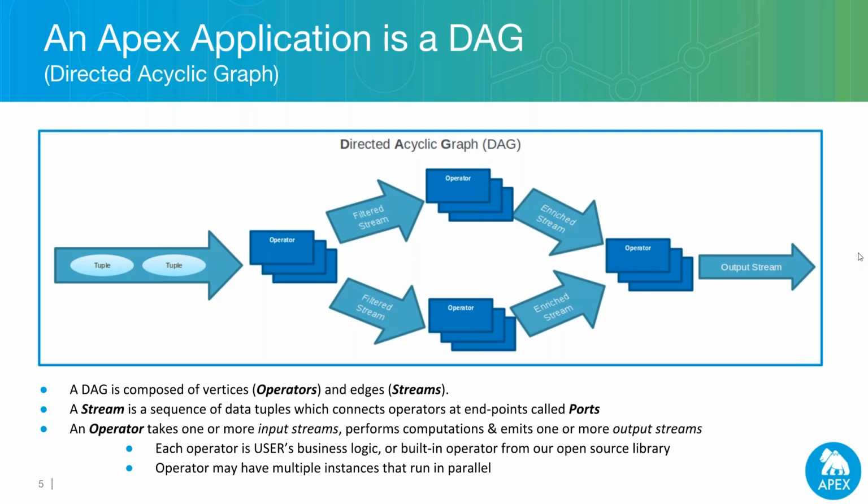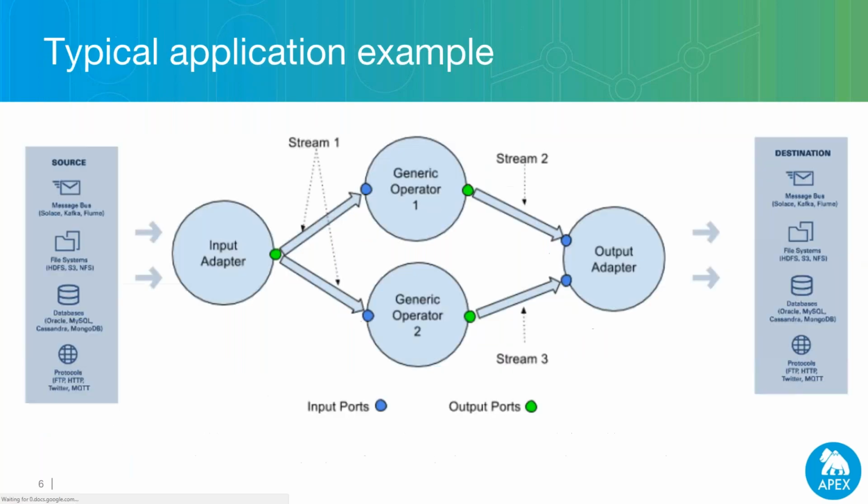So this is a typical application example. We categorize the operators into three parts. One is the input adapters, the next one is generic operators, and the third one is the output adapters. If you can see here, the green circles and the blue circles represent the ports. Green represents the output ports and blue represents the input ports. An input adapter doesn't have any input ports.